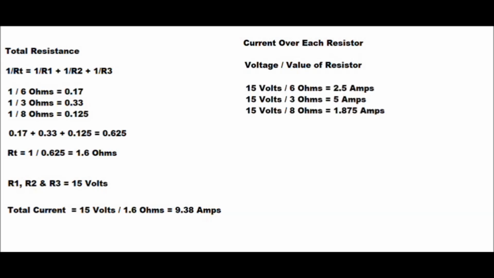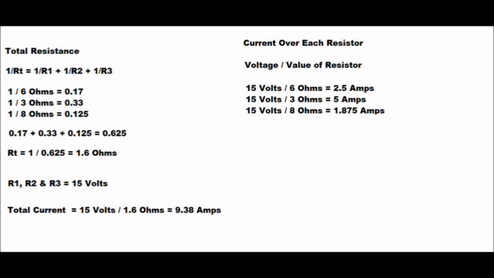Resistor 1 is 6 ohms, so we divide 15 volts by 6 ohms, giving us 2.5 amps. Resistor 2 is 3 ohms, so we divide 15 volts by 3 ohms, giving us 5 amps. And resistor 3 is 8 ohms, so we divide 15 volts by 8 ohms, giving us 1.875 amps.